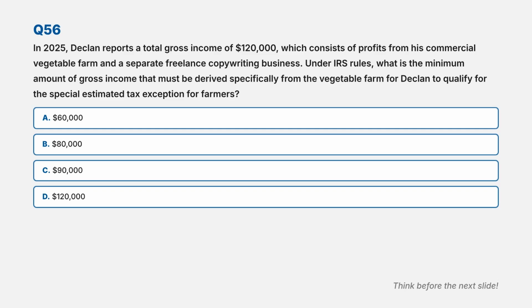Under IRS rules, what is the minimum amount of gross income that must be derived specifically from the vegetable farm for Declan to qualify for the special estimated tax exception for farmers? A. $60,000, B. $80,000, C. $90,000, D. $120,000.